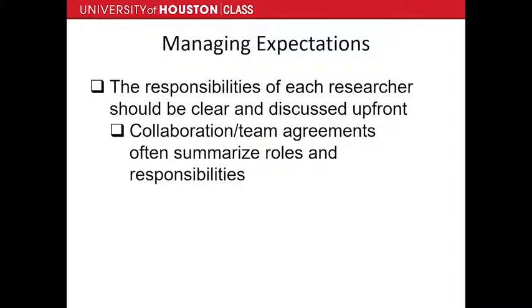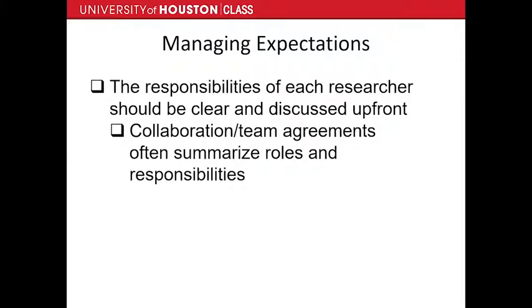And so, yeah, intellectual property might also include licensing rights. With regard to data usage, it can also be owned by the researcher or the institution. So that's one of those other considerations that you need to think about when managing expectations.